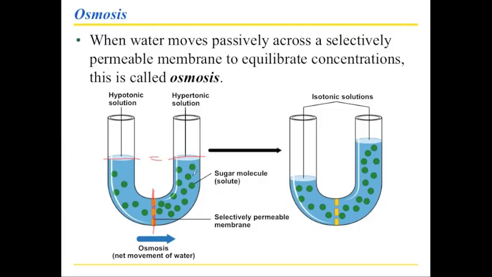The sugar molecules would now like to move so that there's equilibrium, right? So some of these green sugar molecules would like to move over to the left in order to achieve equilibrium. But because we have this thing called a selectively permeable membrane, which is basically what our cell membrane is, they can't. So what are they going to do?